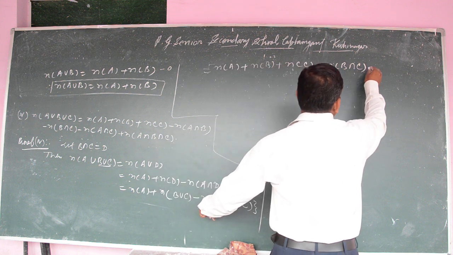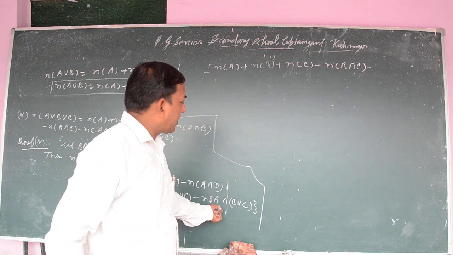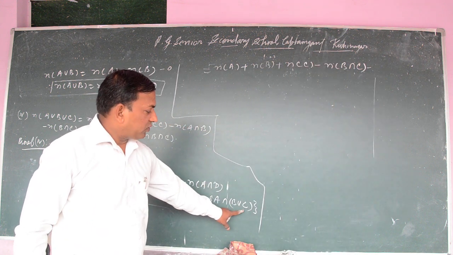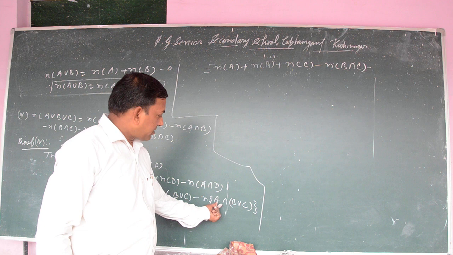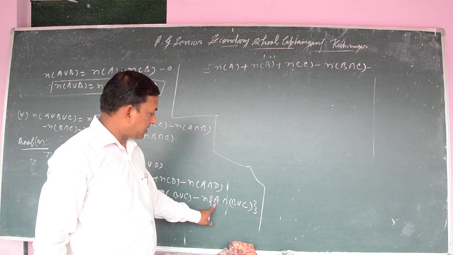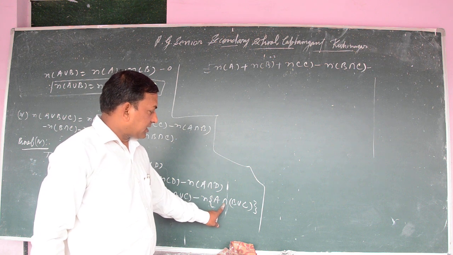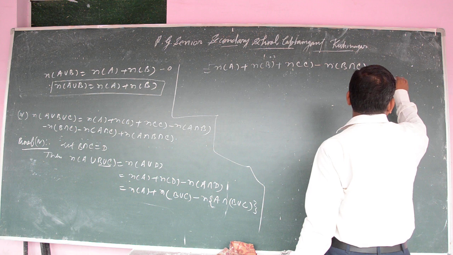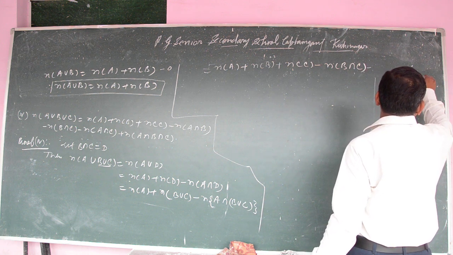minus, first you need to know what A intersection B union C is.